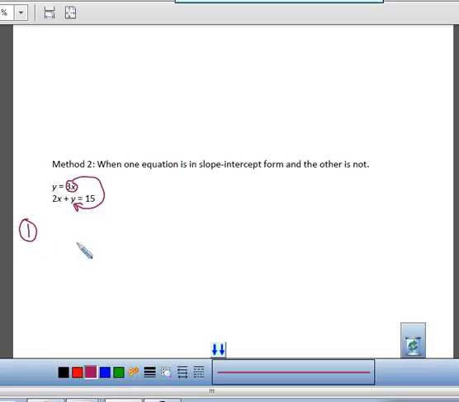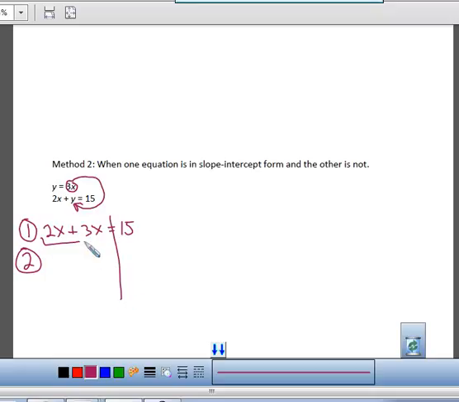Step 1 is to write a new equation. Since y is equal to 3x, in the second equation, I'm going to do 2x plus, instead of y, 3x equals 15.